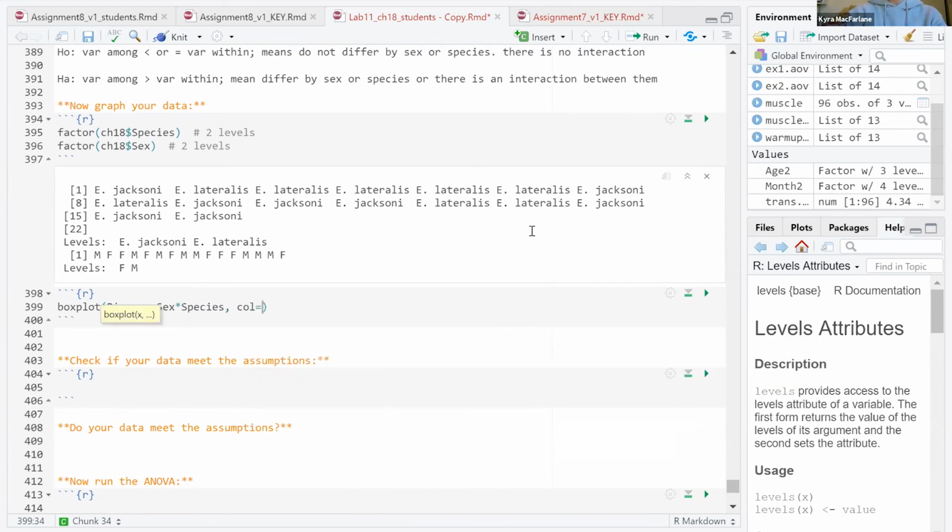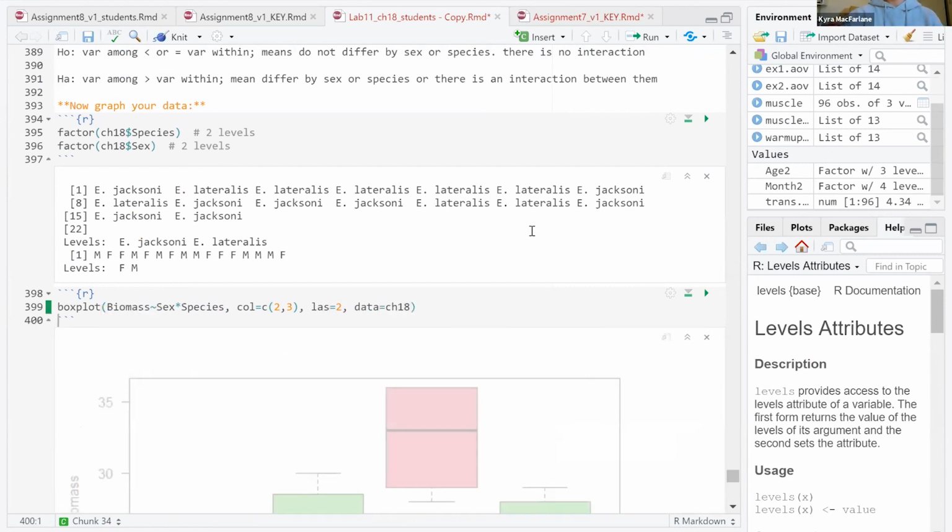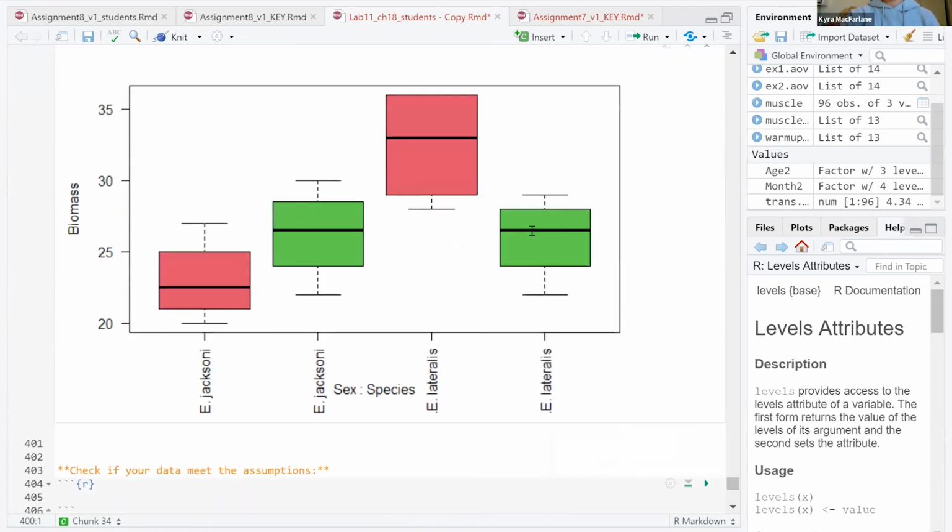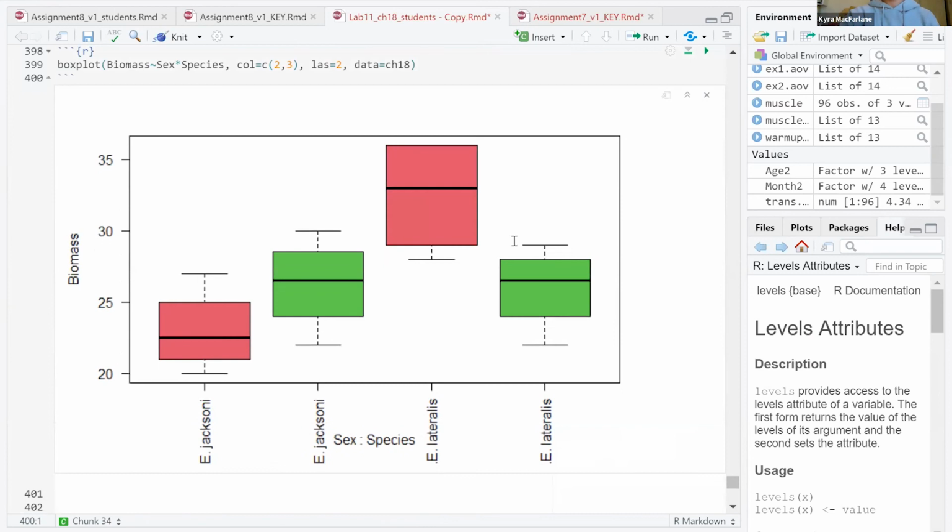Color equals C. I'll just do 2 and 3 again. LAS equals 2. Data equals chapter 18. Okay, so we have E. jacksoni and E. lateralis here and here.